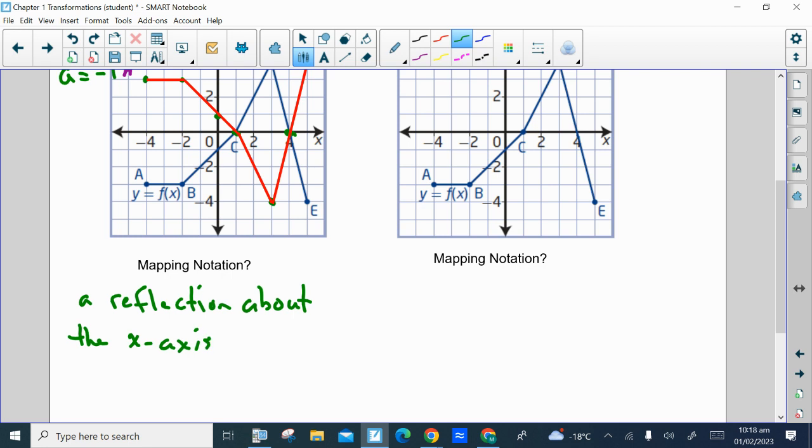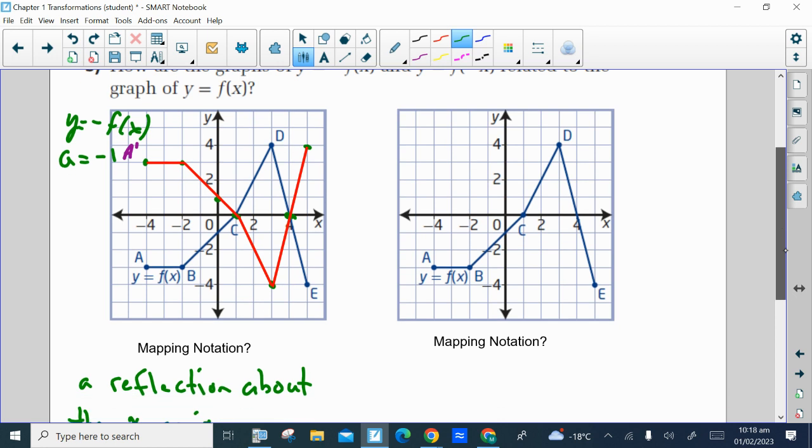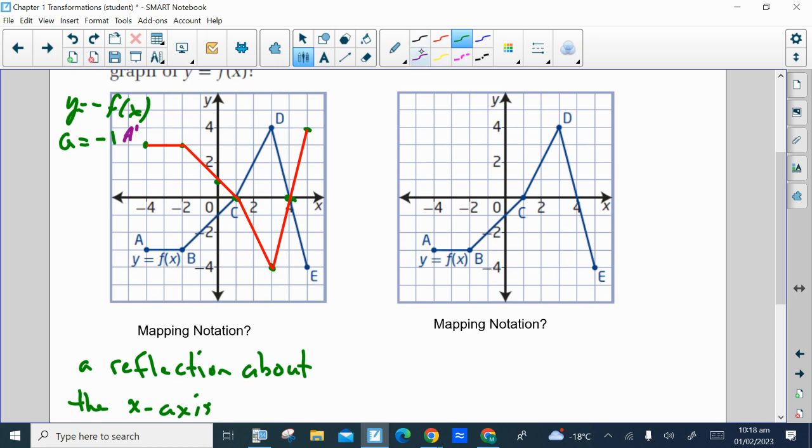And our mapping notation: if you compare the points, like we talked about, point A being the point negative 4, negative 3, point A prime was the point negative 4, comma, positive 3. If you compare them, the x values are exactly the same. The y values are opposites of each other. We went from a y value of negative 3 to a y value of positive 3.